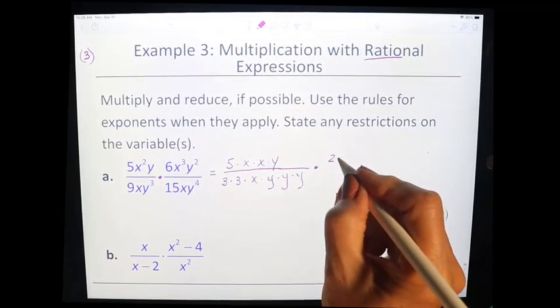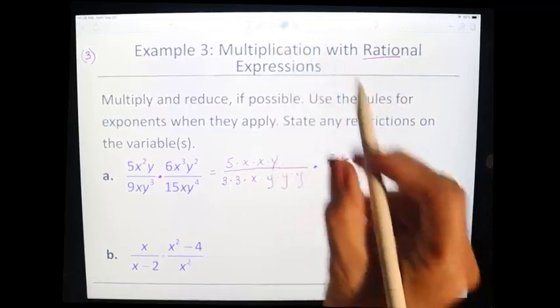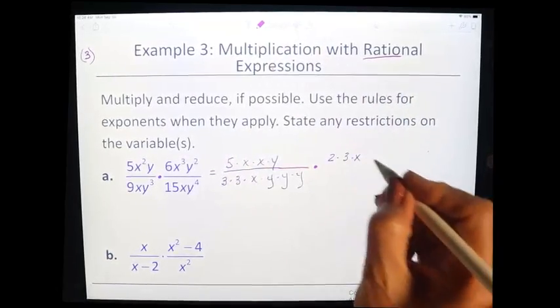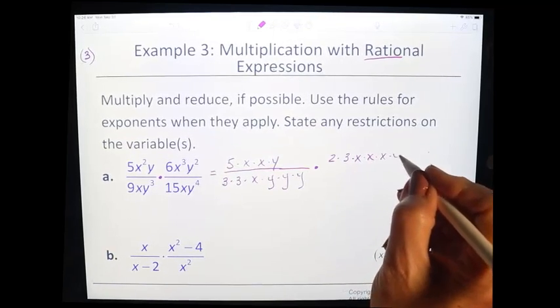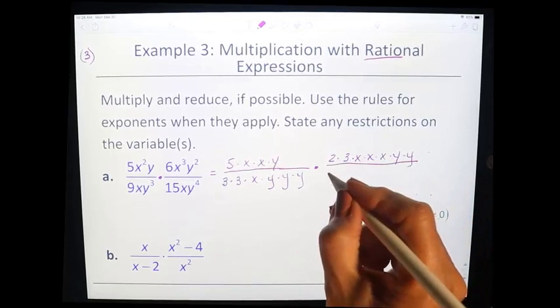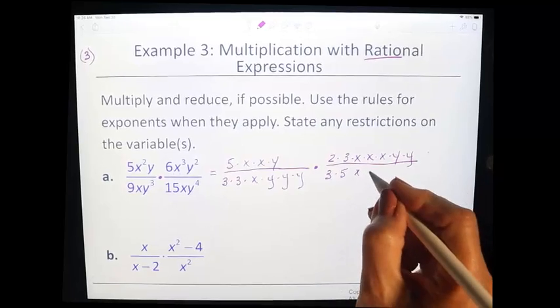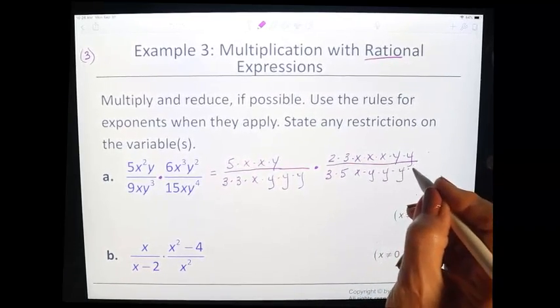Let me come over here and break down the 6 into 2 times 3. And the x, I've got 3 factors of x, and I've got 2 factors of y. Again, as you get comfortable with this, you will no longer need to write all of this down. I'm just doing this for illustration purposes as we start with our multiplying process.